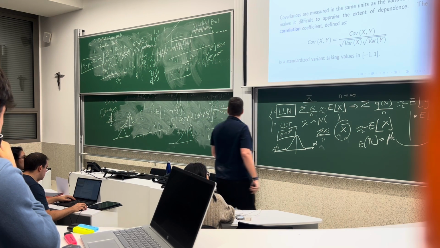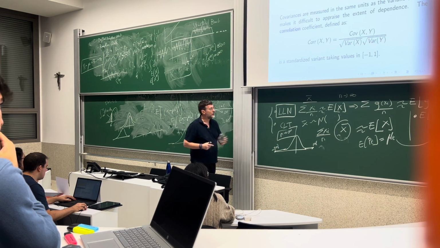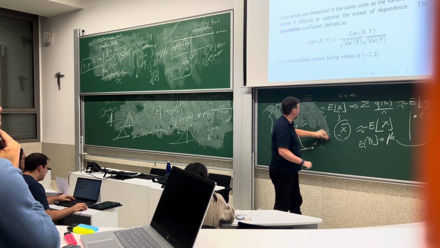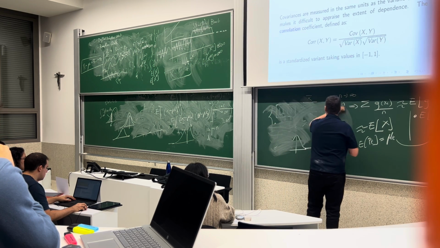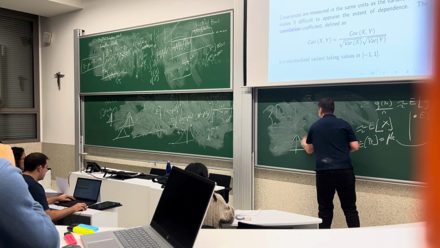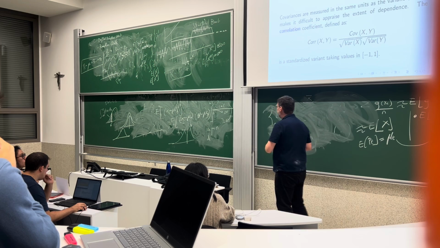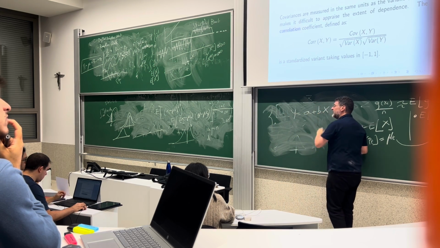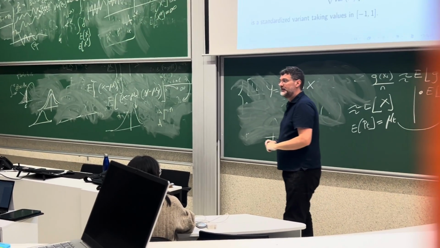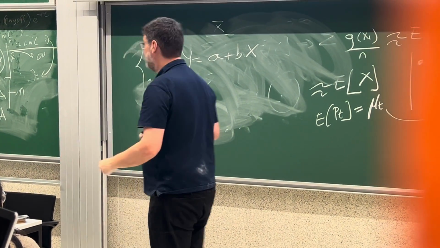One aspect that is important to remark in this context is the idea that covariance is capturing a form of dependence, but only a form: linear dependency. Remember, linearity means that y can be written as a function of x in this particular way. That's the linear dependency, but there may be other forms of dependency.